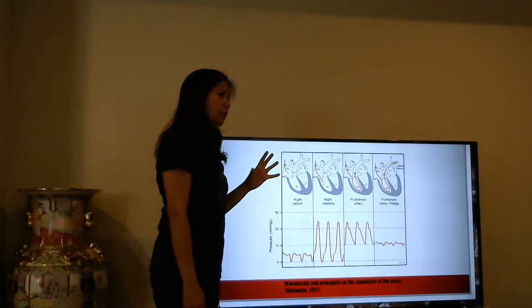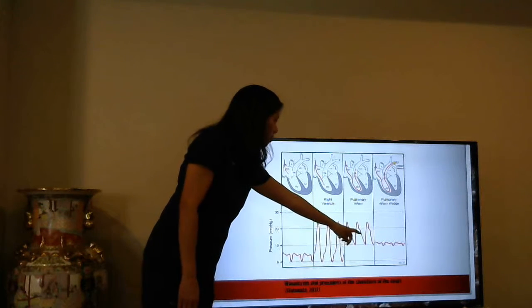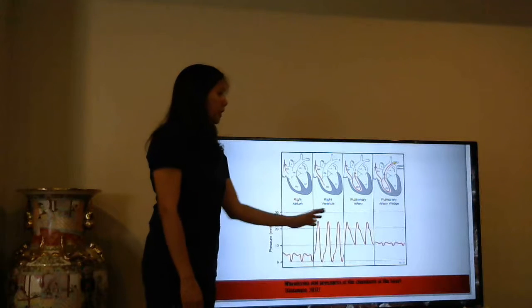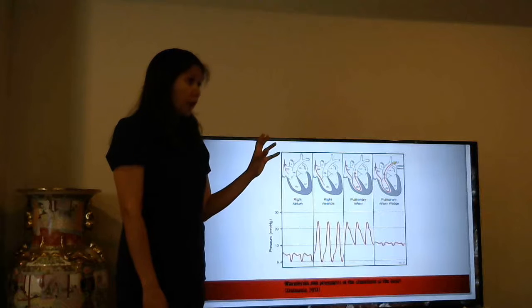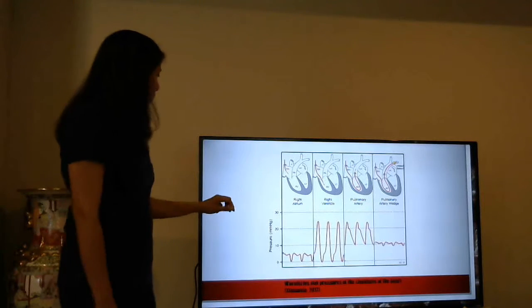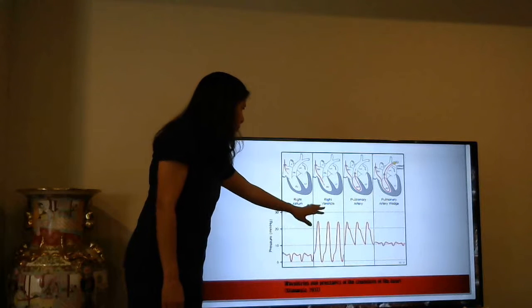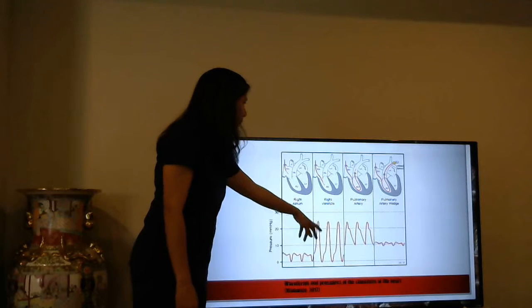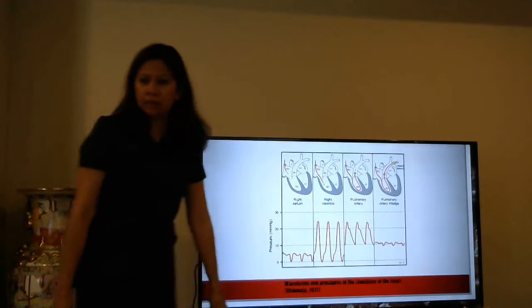So you inflate the balloon so that it's getting all that pressure back, and it usually lies between 8 and 10. So you want to make sure that they don't inflate that balloon very long because you're blocking all of that blood flow. So here's your pressures again. 5 and 10 in the right atrium, your right ventricle about 25, your pulmonary artery about 25, and your wedge about 8 to 10.